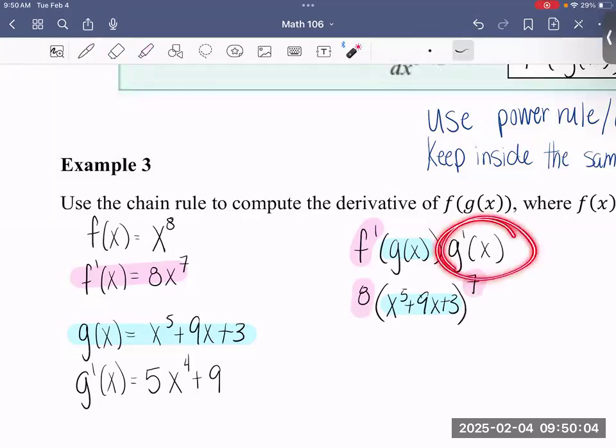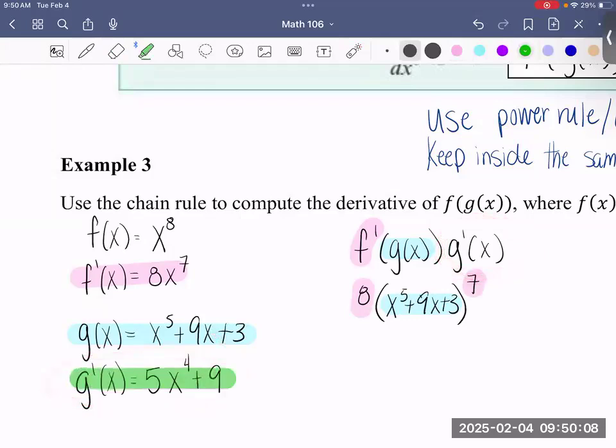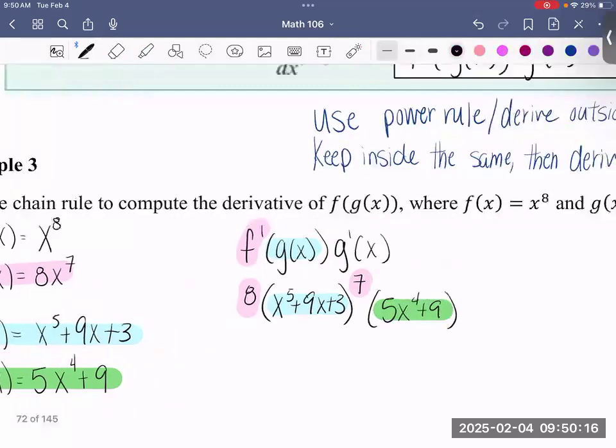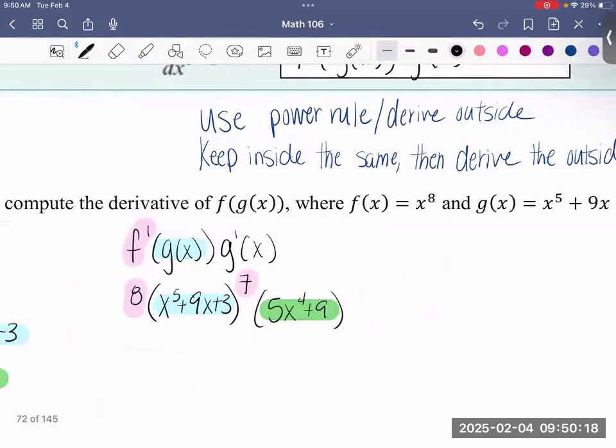Lastly, we can take the derivative of g of x, and that would be your chain rule. Now, because there's nothing else to simplify here, we want to keep it in its factored form. By no means do we want to distribute this 8 into this function and then multiply this out 7 times.